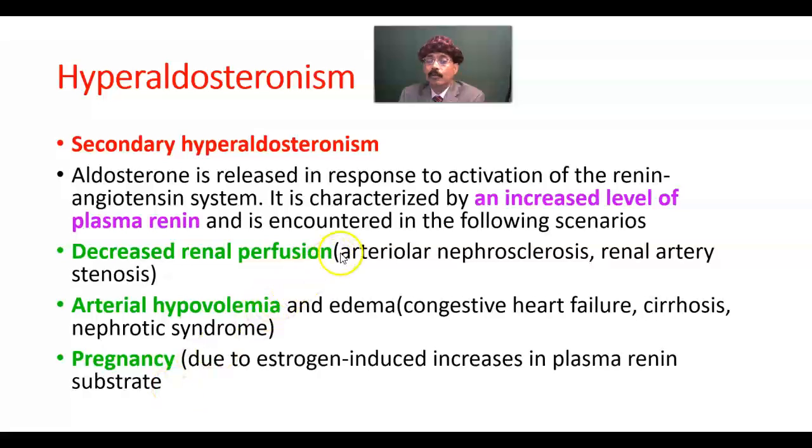What are the causes or scenarios for secondary hyperaldosteronism? Decreased renal perfusion like arteriolar nephrosclerosis, renal artery stenosis, arterial hypovolemia and edema, congestive heart failure, cirrhosis of liver, and nephrotic syndrome. Also pregnancy-related hyperaldosteronism due to estrogen-induced increase in plasma renin substrate.